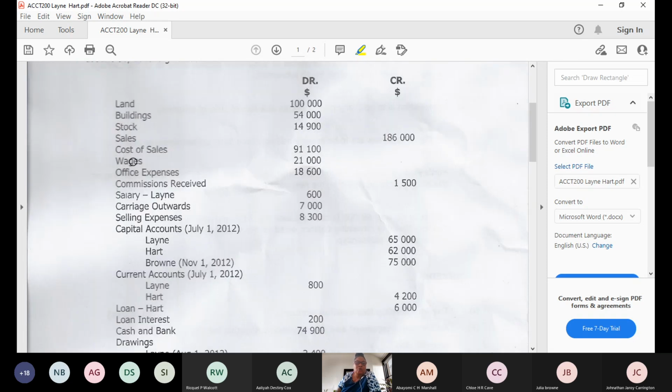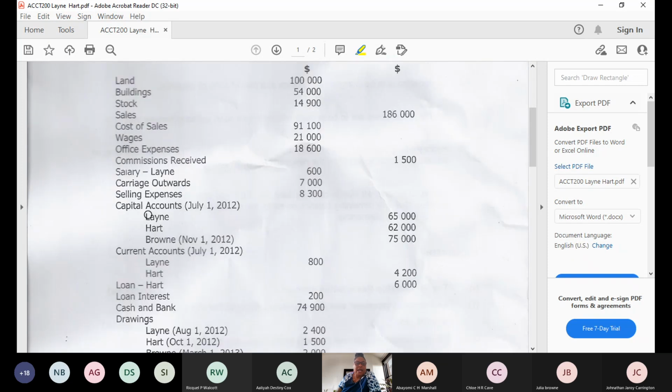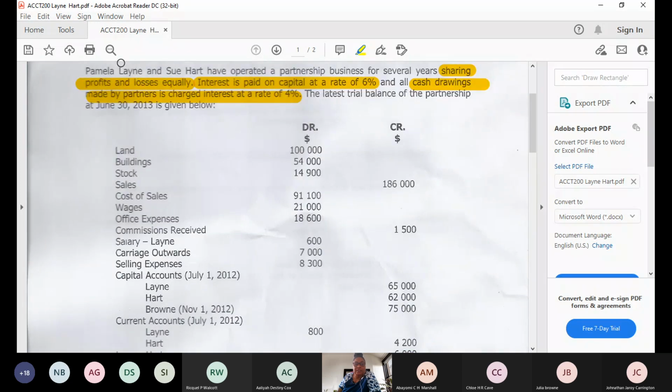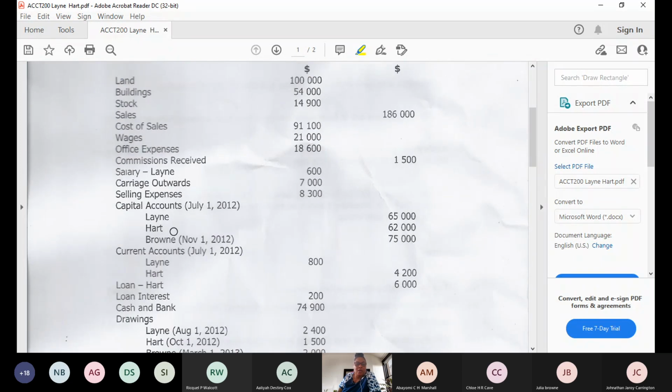You have wages, office expenses, commission received, salary for Lynn, carriage outwards, selling expense, and you have capital accounts. Lynn and Hart, remember the original partners are Lynn and Hart, okay? Lynn and Hart capital accounts is $65,062. And then they have Brown.